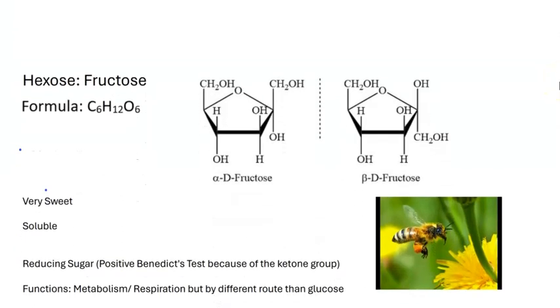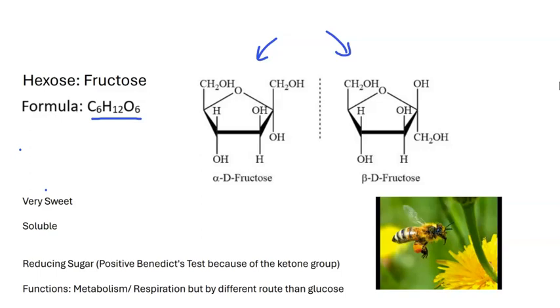So immediately we see that the formula for fructose is the same as glucose. This is the molecular formula, C6H12O6. And yet, if we look at these two diagrams here, it is quite obvious that the structural formula is quite different.